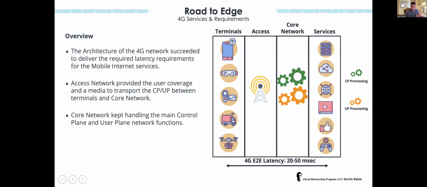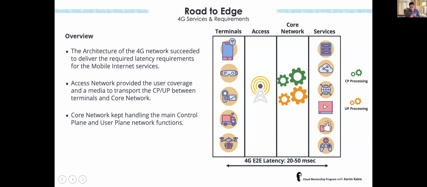Some references come from the ITU, which is the IMT document that provides the 4G requirements, and other documentation from other vendors. And based on my experience, most of the 4G services to be functional need 20 to 50 milliseconds.